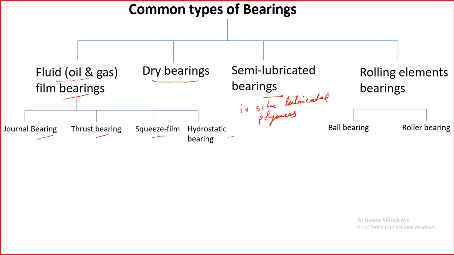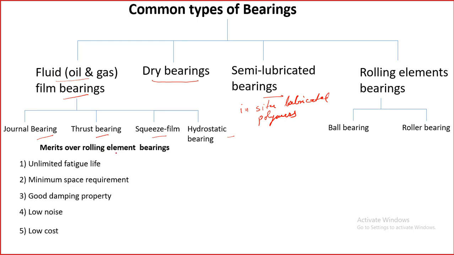That means polymers impregnated with liquid lubricants. And finally we have rolling element bearings, so ball bearings, roller bearings, and so on. These are the main types of bearings which operate in all engineering systems.